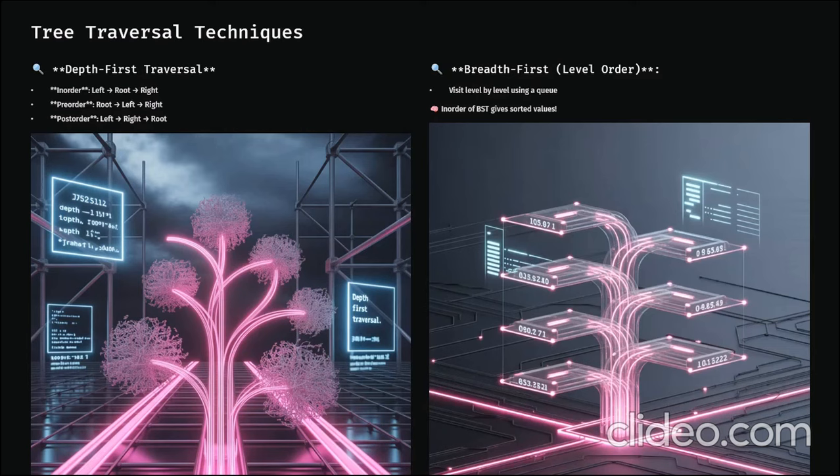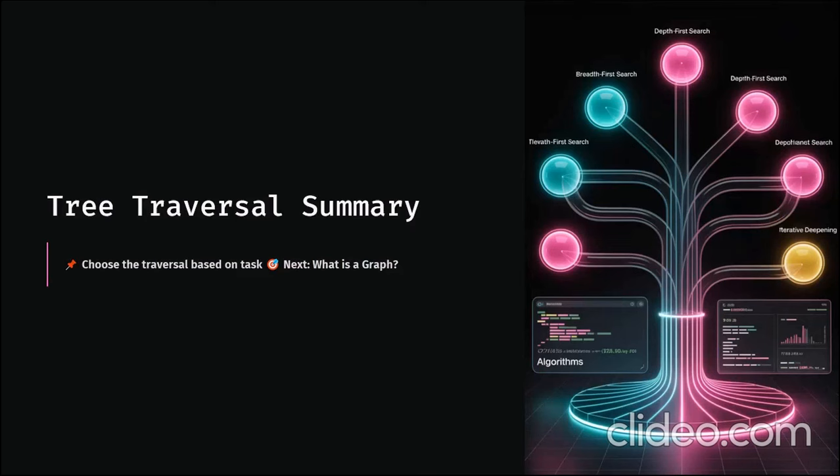In pre-order: root, left, right. In post-order: left, right, root. Breadth first level order visits level by level using a queue. In-order of a BST gives sorted values. So, I hope you understand tree traversal. And let's move to the next question.